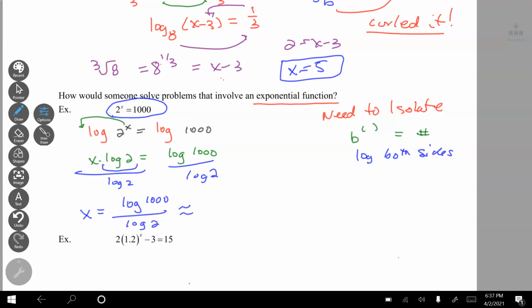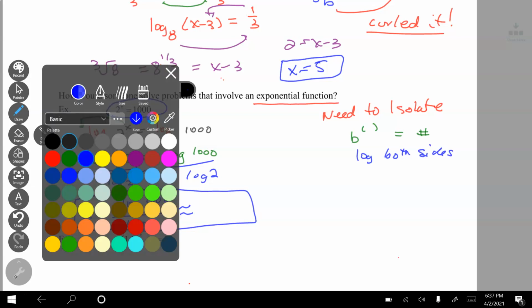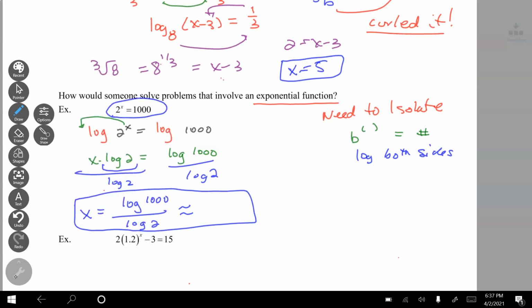I'm going to put this in the calculator in a minute, and I'm going to get a result. But here's what we're going to learn. This fraction is the exact solution, and when I put it in the calculator, I'm going to get a rounded solution. Okay, sometimes I want the exact, sometimes I'm okay with rounded, and I'll tell you exactly when I want either one.